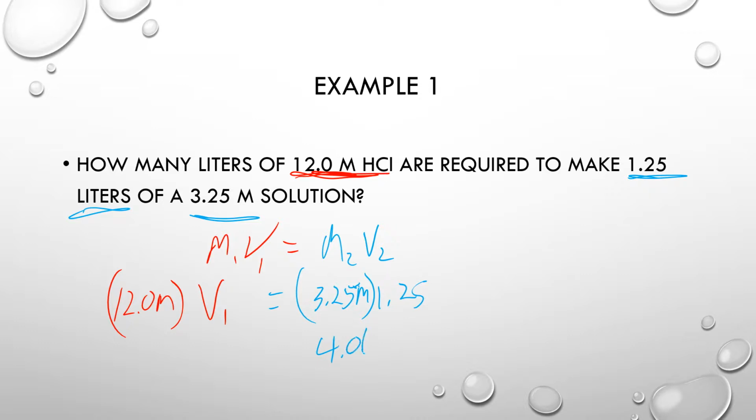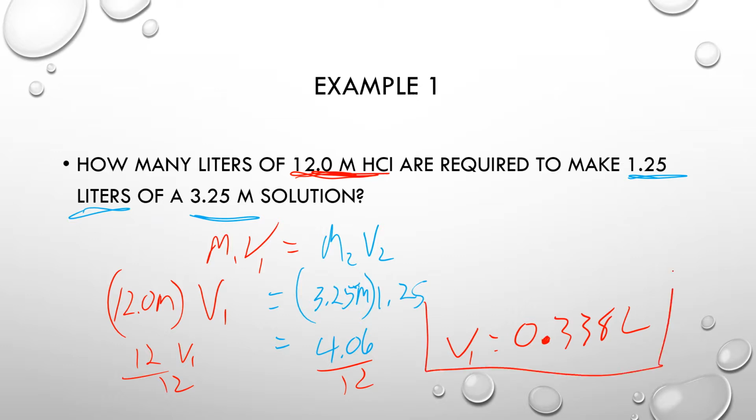This 4.06 is going to equal 12 times V1. So in order to get this done, we got to divide both sides by 12, and we get V1 equals 4.06 divided by 12. We need 0.338 liters. So we need 0.338 liters of that concentrated acid to make 1.25 liters of 3.25 molar solution.